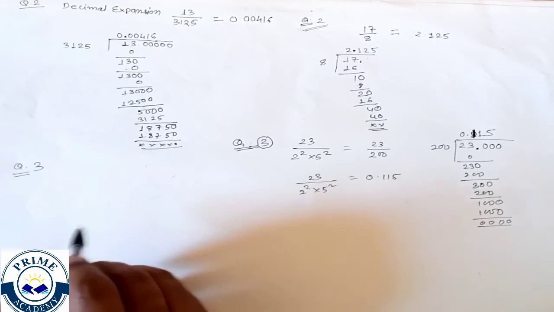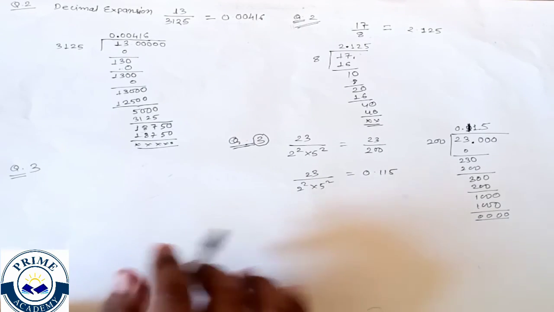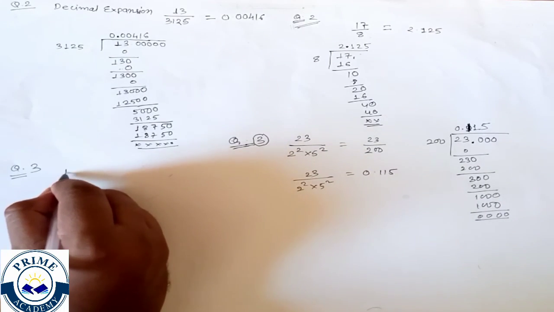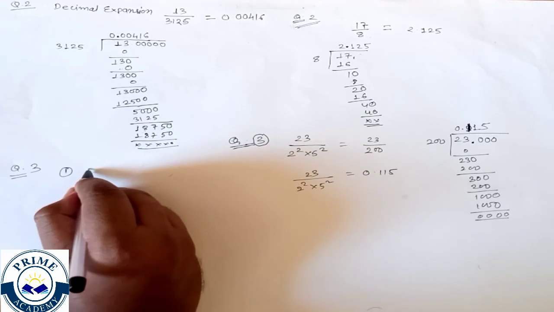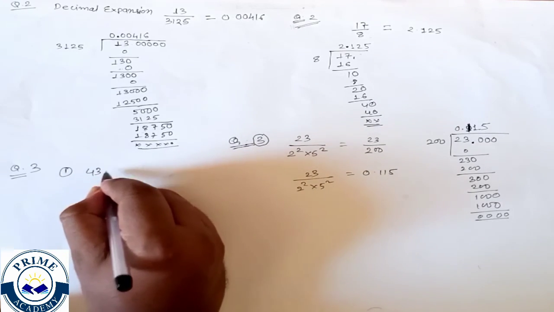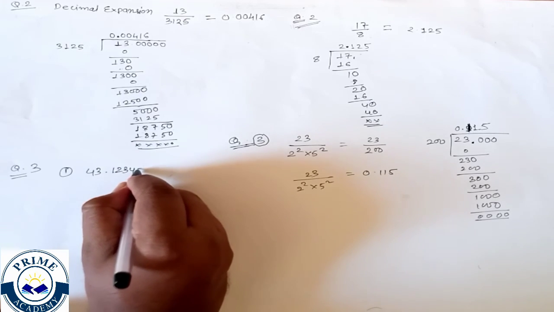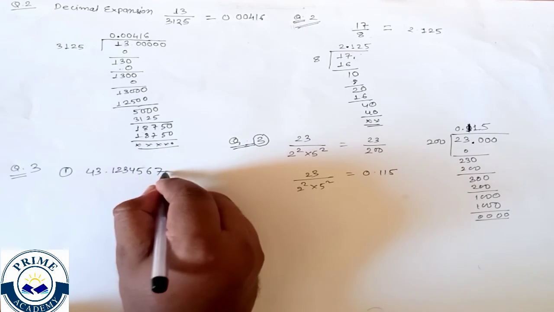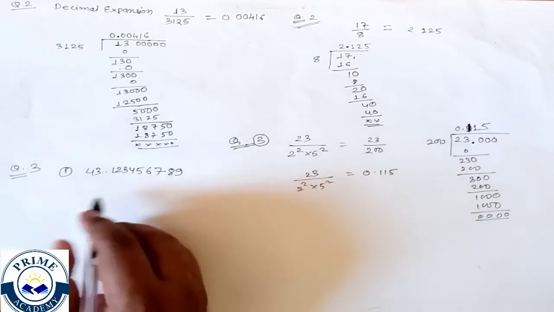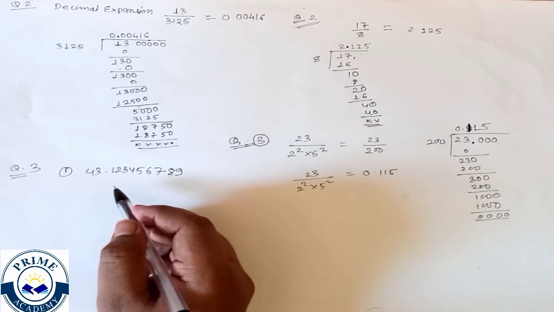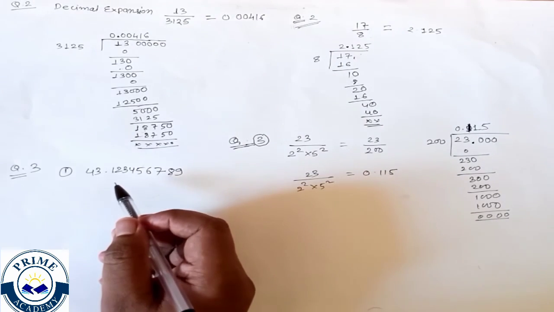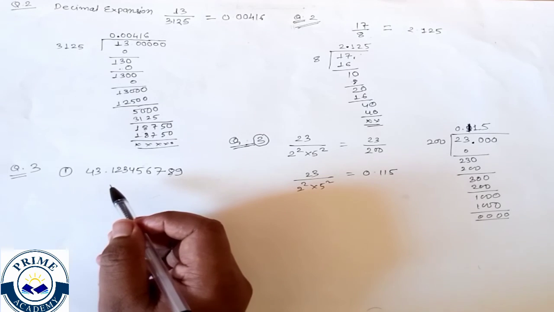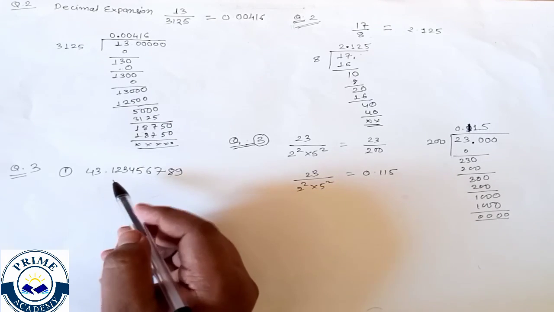How will we check, let's see. There are these questions. The first is 43.123456789, right? This was the question. I'm reading the questions. Actually we have to check whether this is terminated or not.